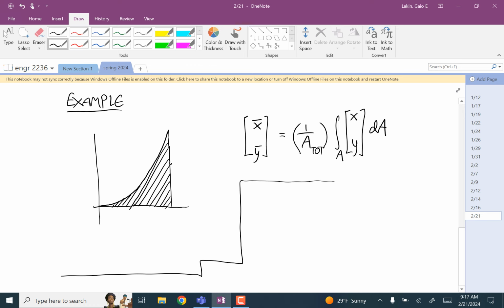This distance is A, and this distance is H. And the equation for this parabola is y equals cx squared.